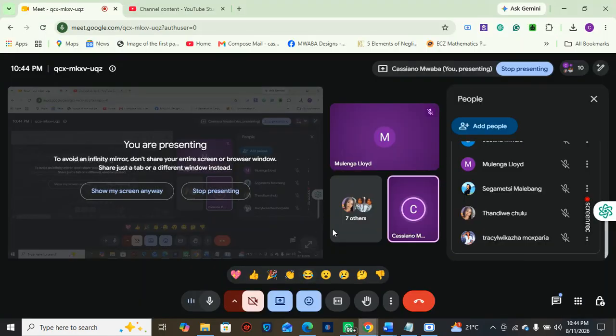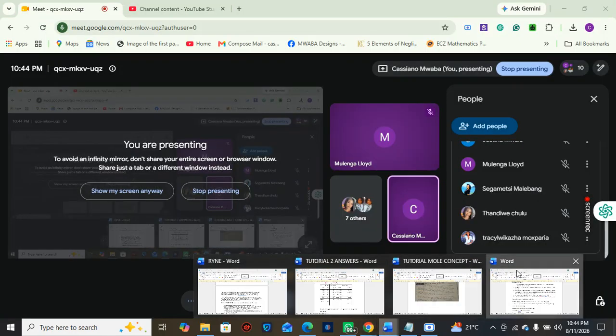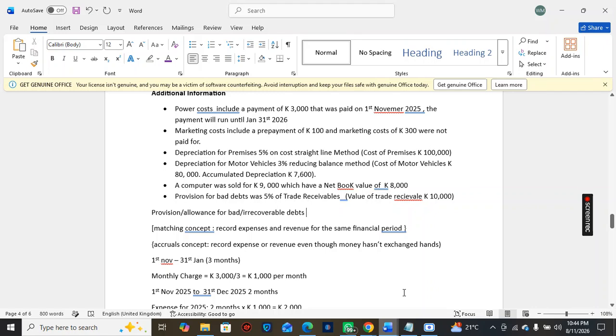according to the prudence concept in accounts, where we basically say be honest and don't overstate profits or understate expenses, and also if you expect any future losses, account for them.